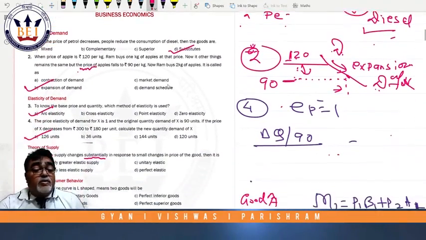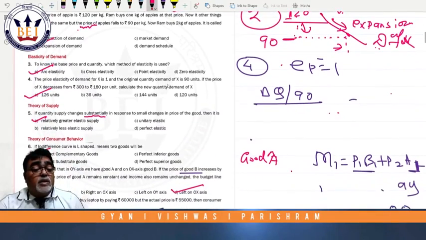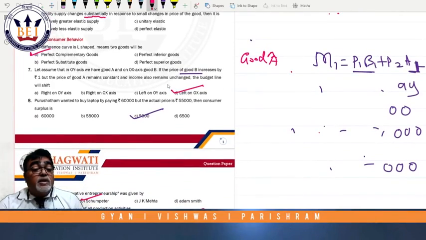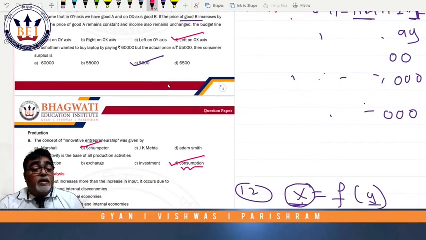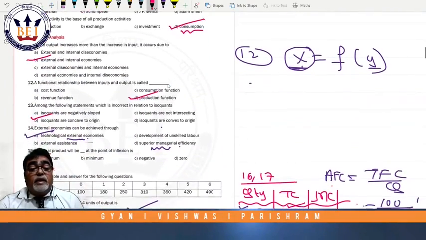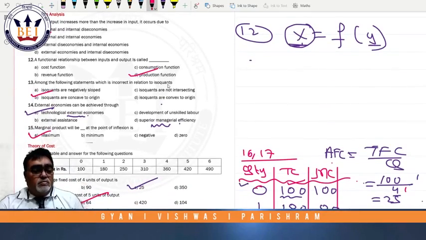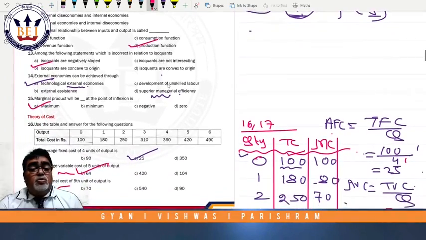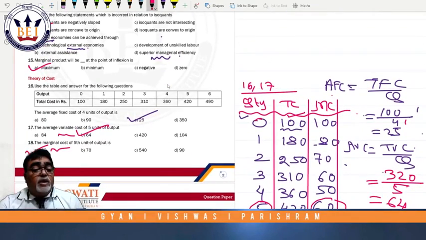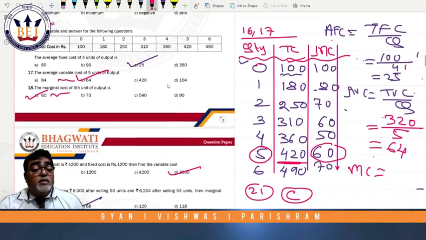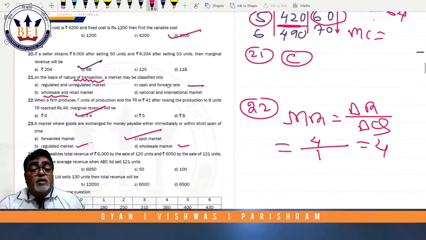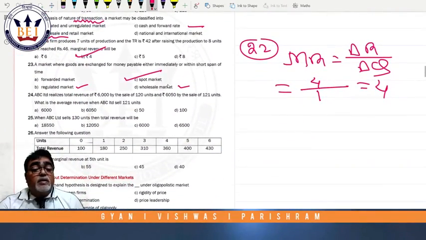Question number 1 Delhi, question number 2 Bangalore, question number 3 Ahmedabad, 4 Ahmedabad, 5 Ahmedabad, 6 Ahmedabad, 7 Delhi, 8 Chennai, 9 Bangalore, 10 Delhi, 11 Bangalore, 12 Delhi, 13 Bangalore, 14 Ahmedabad, 15 Ahmedabad, 16 Chennai, 17 Bangalore, 18 Ahmedabad, 19, 20 Ahmedabad.